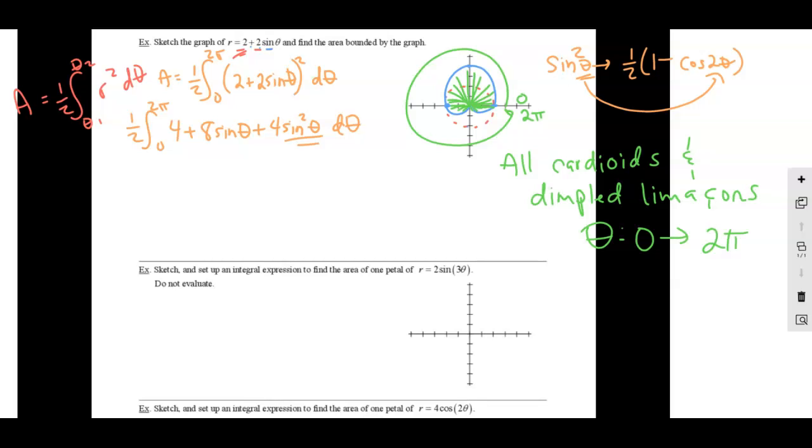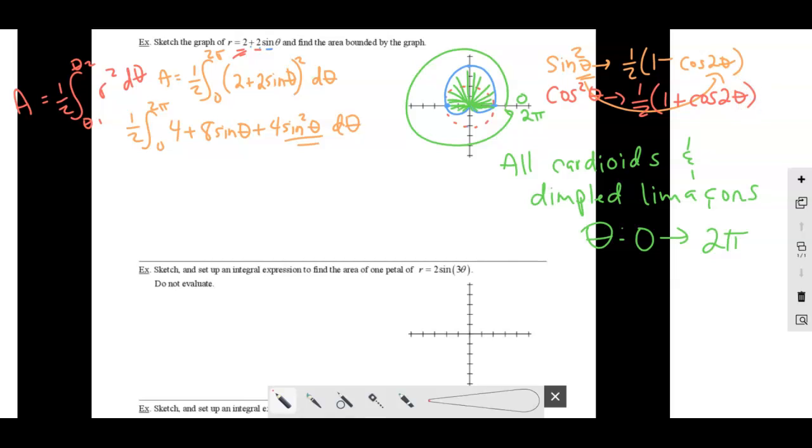If it had been cosine squared theta instead, it would have been 1/2, 1 plus cosine 2 theta. Usually one of them is going to come up. Since we have r squared and our r has trig, you're pretty much always going to have one of those power reducing things come up. Even powers of sine and cosine, kind of annoying.